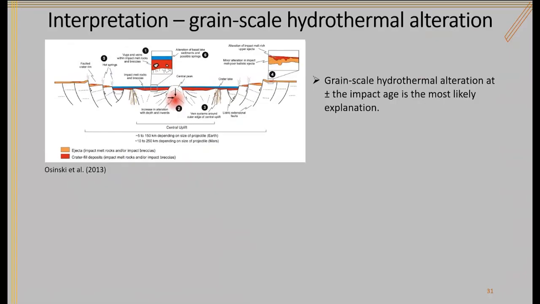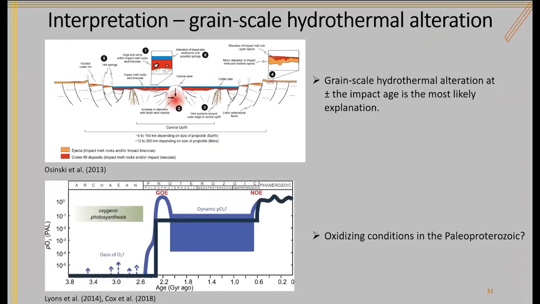And such hydrothermal systems are well known from impact structures. For example, from large ones like Chicxulub, but also from structures that are similar in terms of size to the Yarrabubba impact structure, and also similar in terms of the target lithology. So Mount Monger granite is our target lithology. So that is the most plausible explanation.